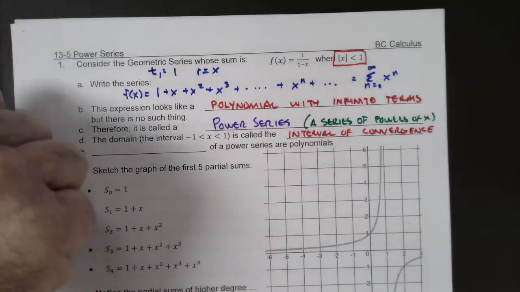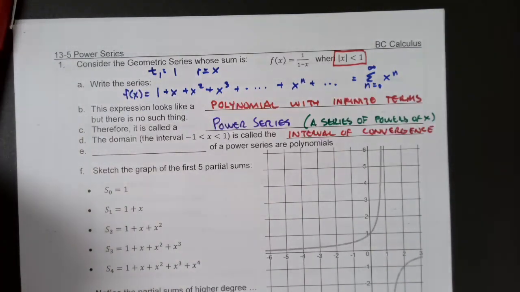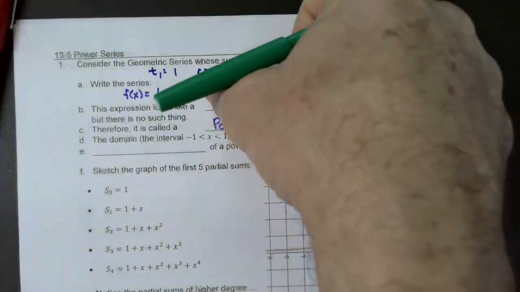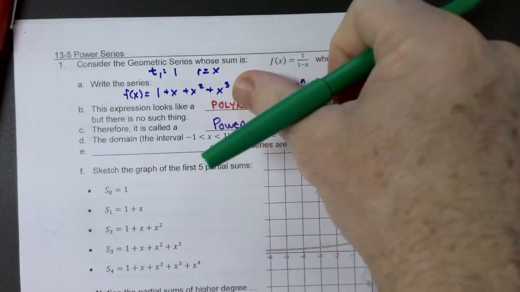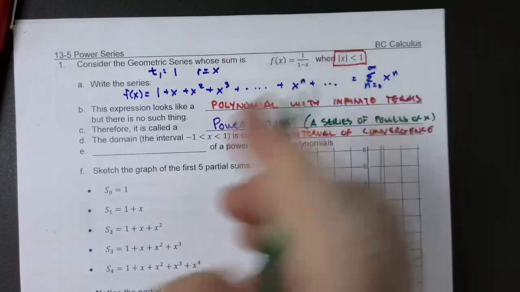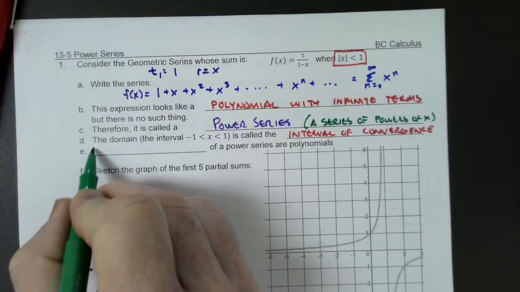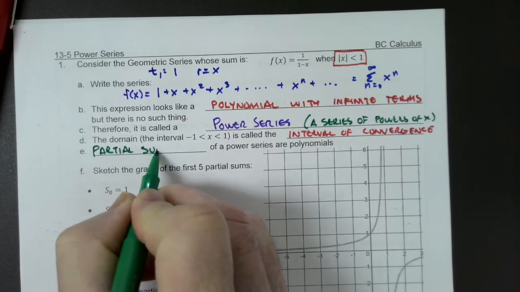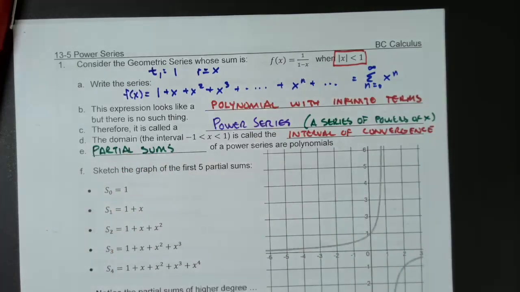And if we choose polynomials from this, like if I just chose the first 3 terms or first 4 terms, those would be called partial sums. What we did in previous chapters.